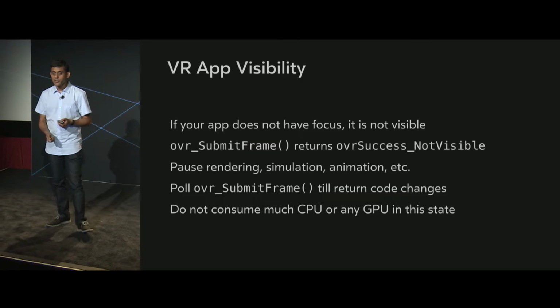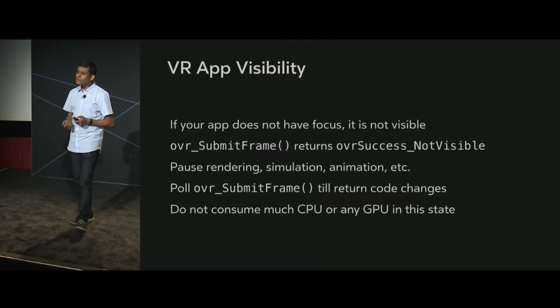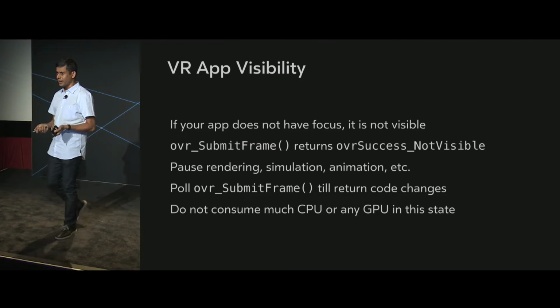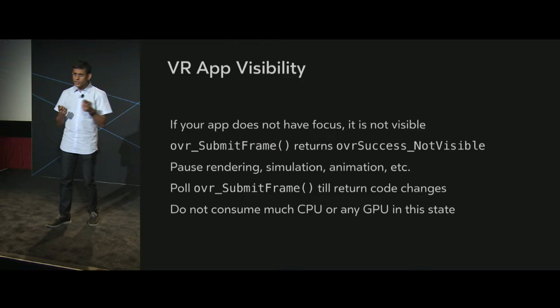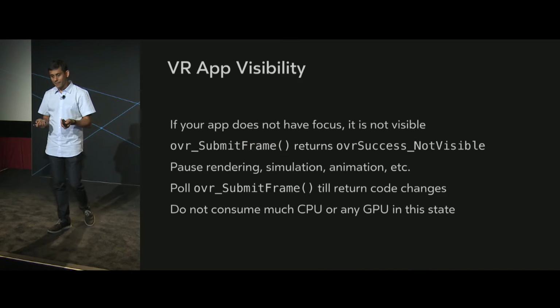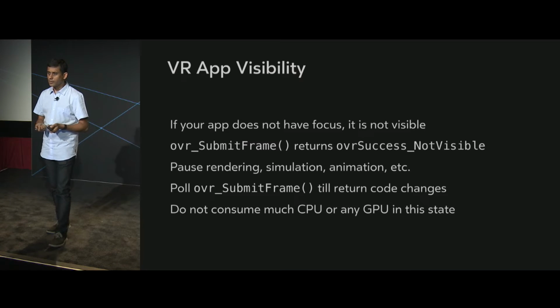Another thing we introduced is this notion of VR app visibility. If your app does not have focus, it will not be visible. This can happen in multiple cases. For example, we could be showing the health and safety warning, or we could be in our home app, or some other app could be running. In these cases, OVR submit frame will return not visible success code.